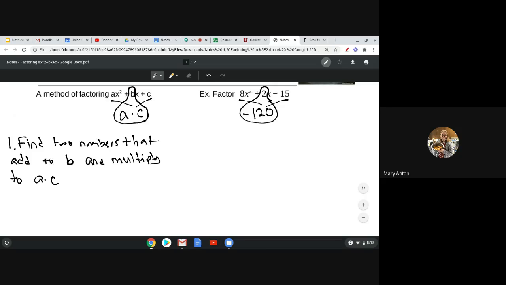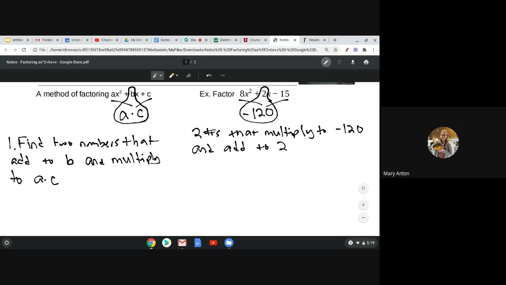So we are looking for two numbers that multiply to negative 120 and add to 2.